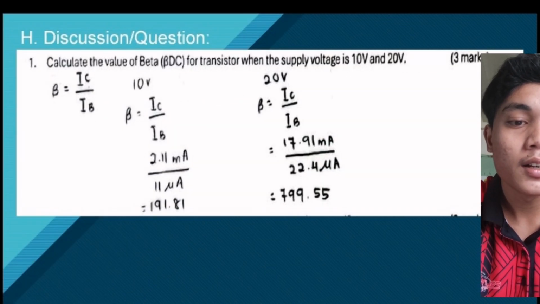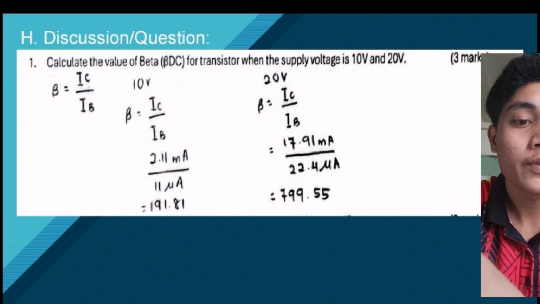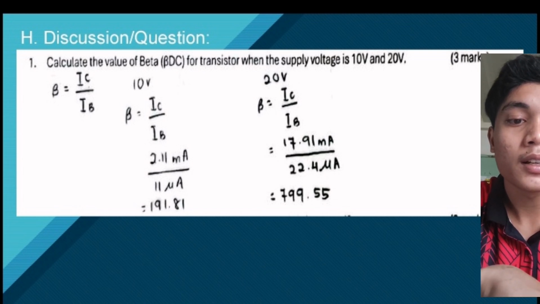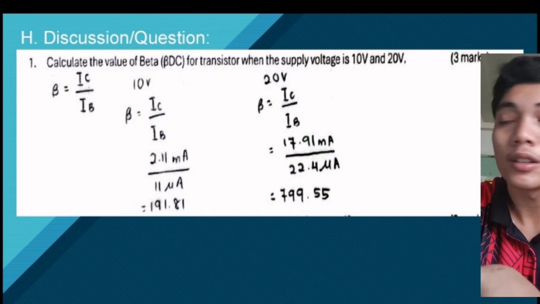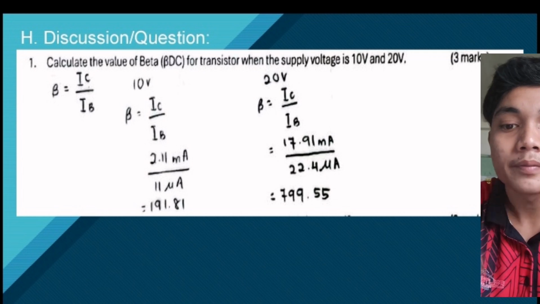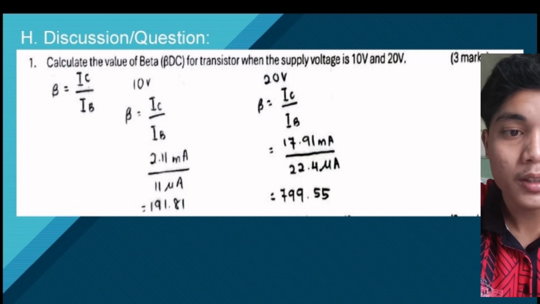Okay, how do we calculate the value of beta DC? Beta equal to IC per IB. Put the numbers in the formula.